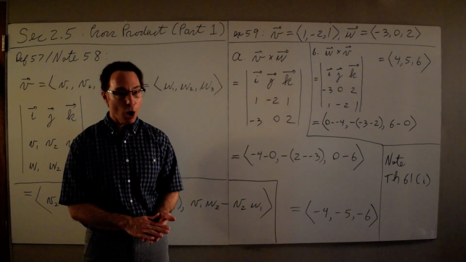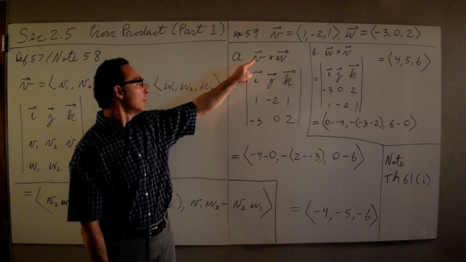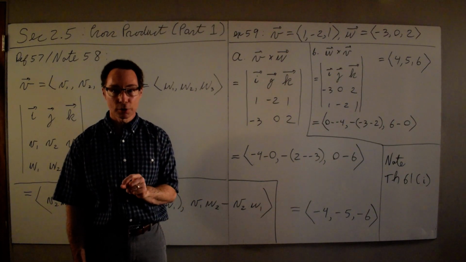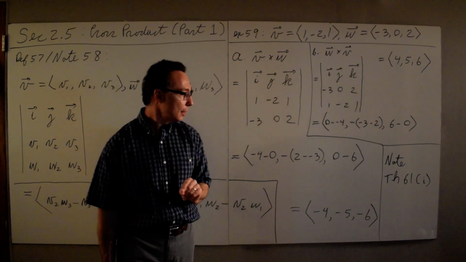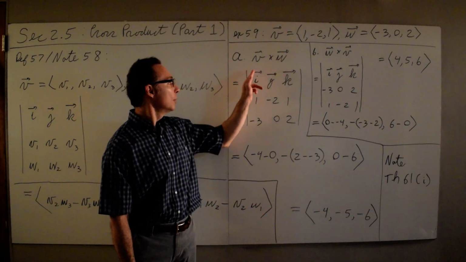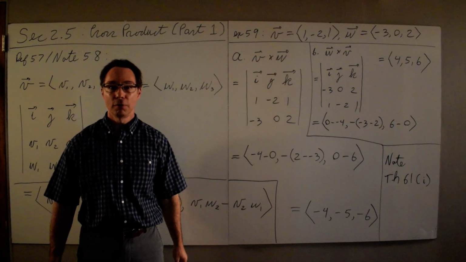Some operations are not commutative. The cross product is not commutative, as we can see. V cross W and W cross V are two different vectors. However, they are related, as this theorem tells us that V cross W and W cross V will always be opposites no matter what V and W are.